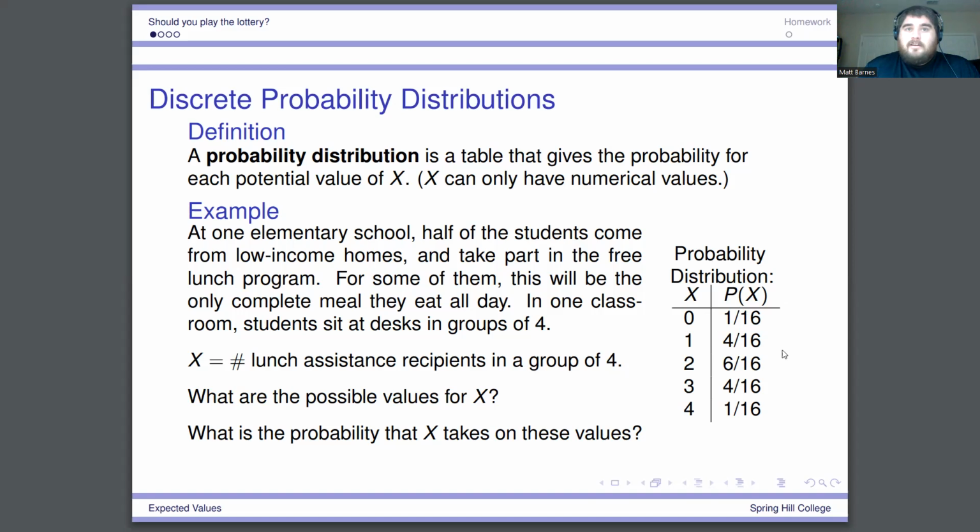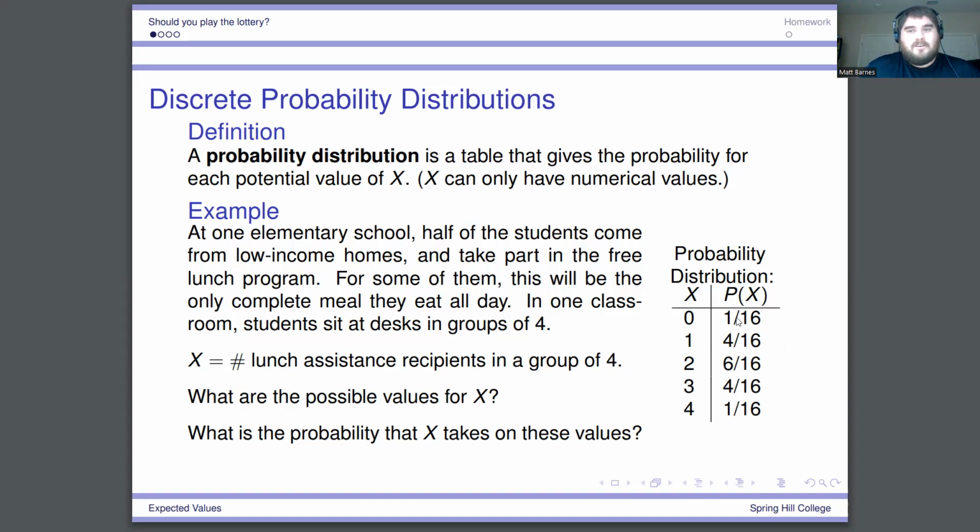So that looks like 1 over 2 to the 4th power. 1 over 2 times 2 times 2 times 2. So 2 times 2 is 4, times another 2 is 8, times another 2 is 16. So I get 1 over 16. The probability that all 4 of the students are not on our free lunch program is 1 over 16.